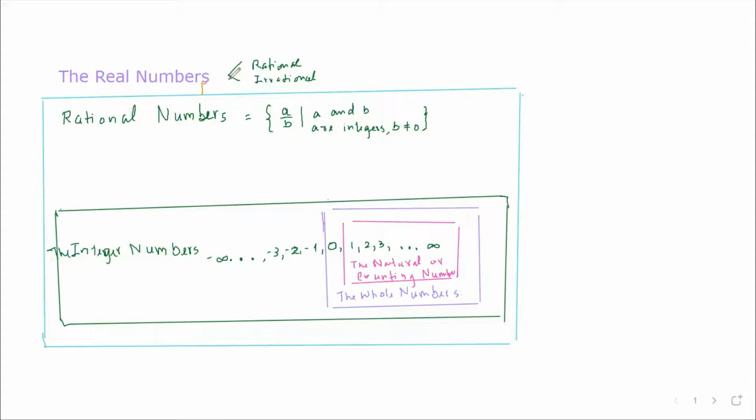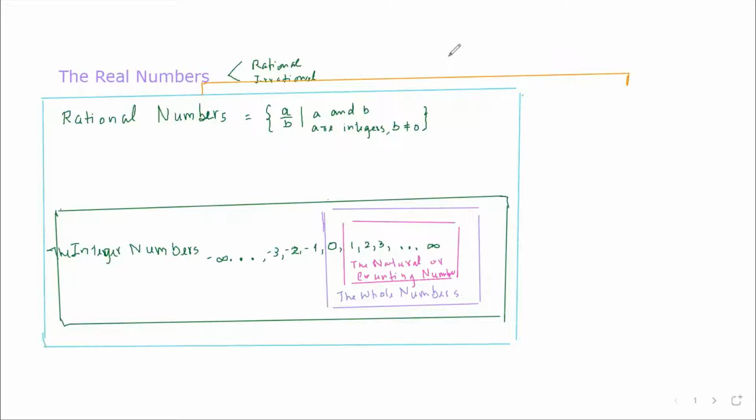And then from this one, I can draw the other side. This one is an irrational number. I'll try to use a different color.